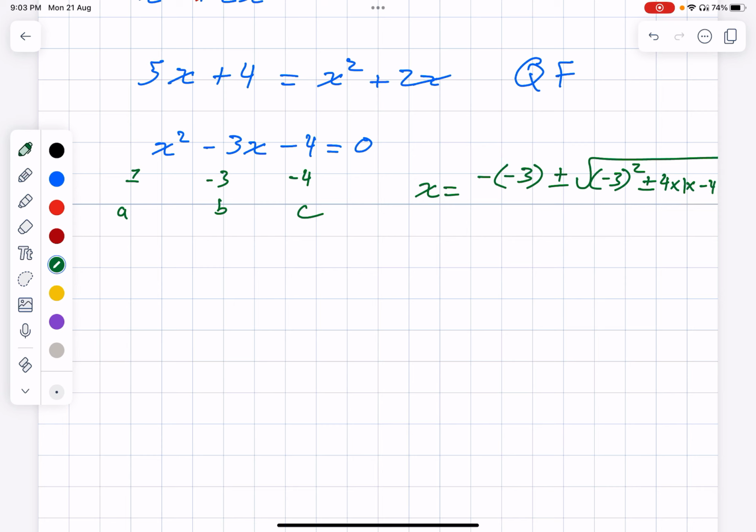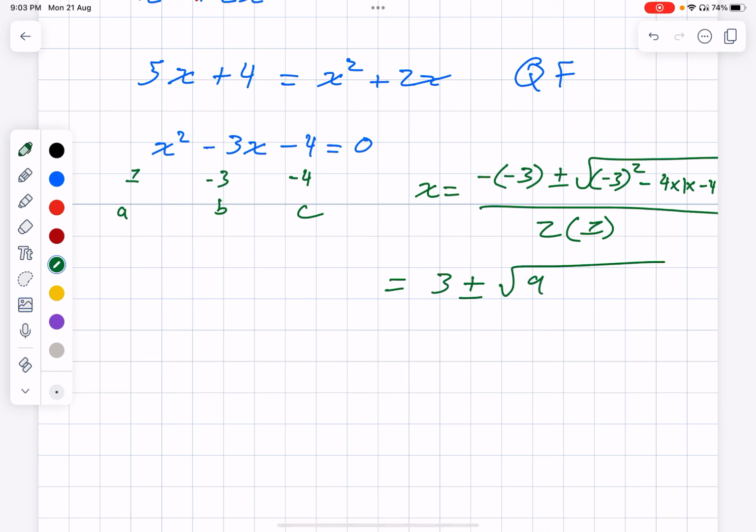Oh, sorry, it's minus 4ac, over 2a, which is 2 times 1. You will be getting 3 plus or minus the square root of 9 plus 16, over 2.